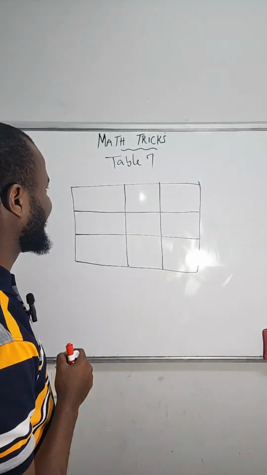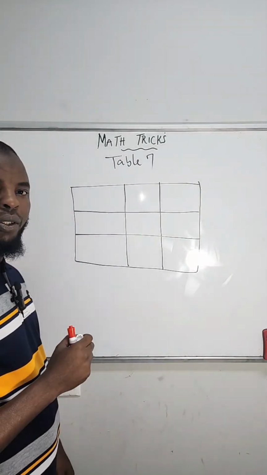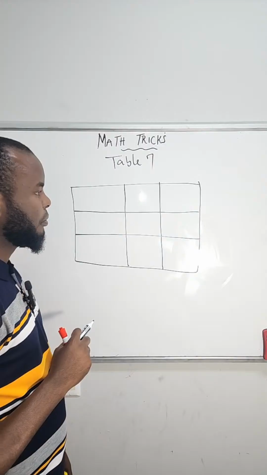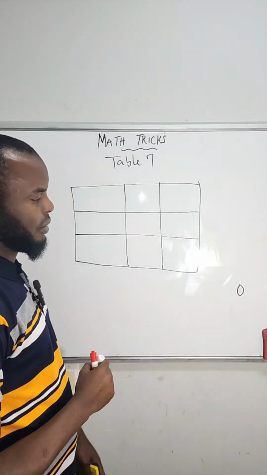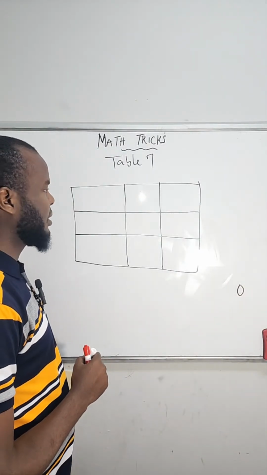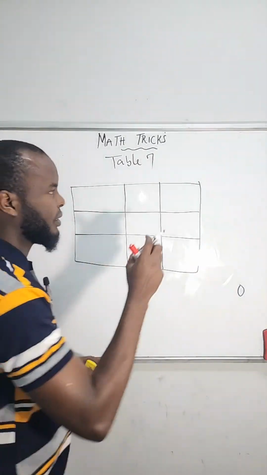Good. Here, we're going to start with 0. You can start with 0. For table 7, let me just write it out.